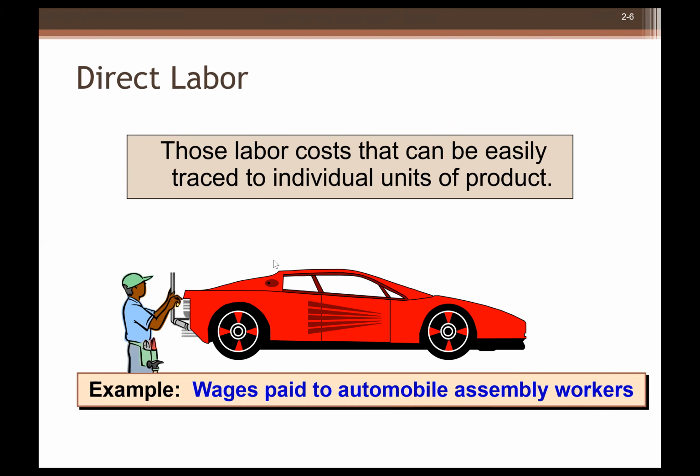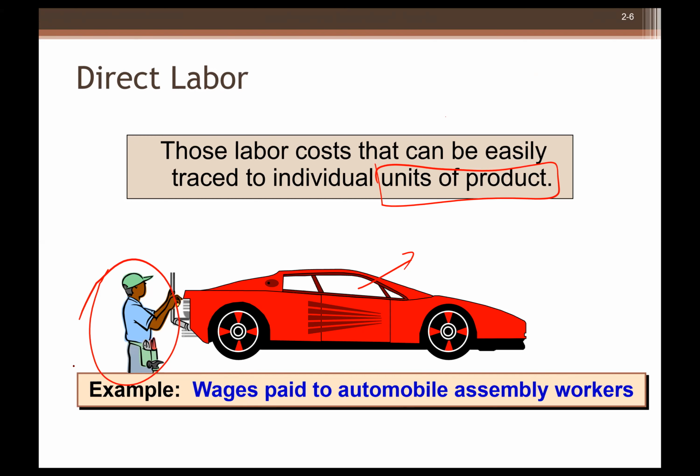When we talk about the cost of labor, remember on which basis? The basis is going to be per unit. Direct material per unit, direct labor per unit, right? So we continue our example of this automobile. What is the direct labor? How many hours do the workers work on this car?